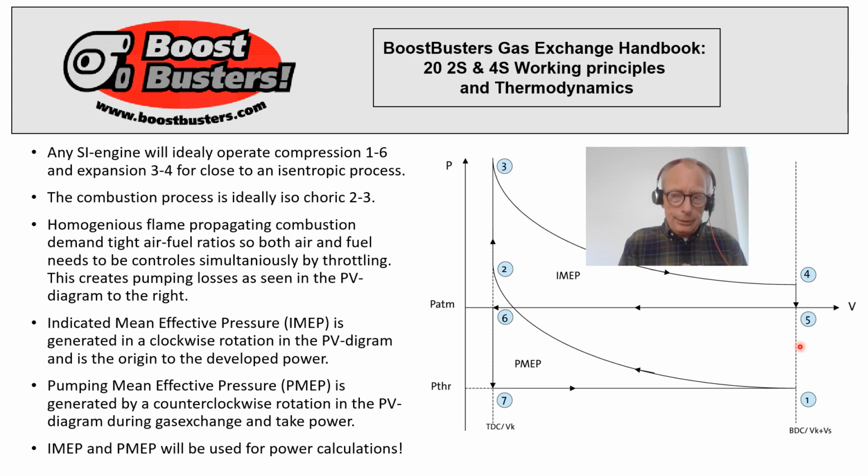This means that when we reduce the power of the engine, it's not only a reduction of fuel which is necessary. In parallel, we also need to reduce the air amount. And since all piston engines are volumetric devices, the only way we can reduce the air mass rate into the engine is by lowering the pressure of the air, and that happens by throttling.